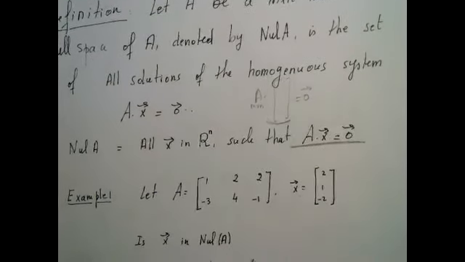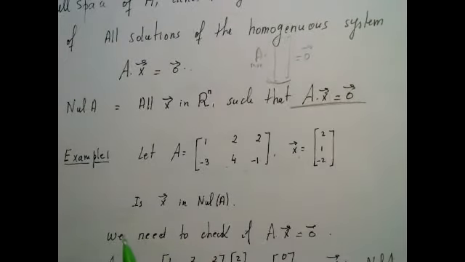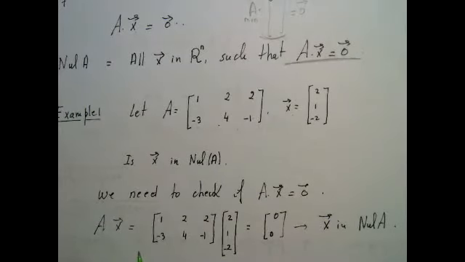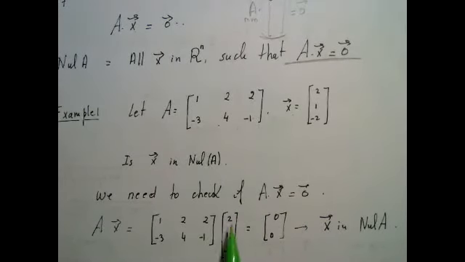We need to check if A times x equals 0. So I check it: we take A times x, that's my A, that's my x, and I multiply them, and I get 0, 0. It means my x is in the null space. So that's really what the null space is, all the solutions.